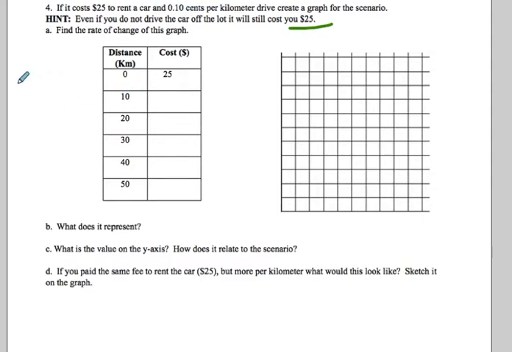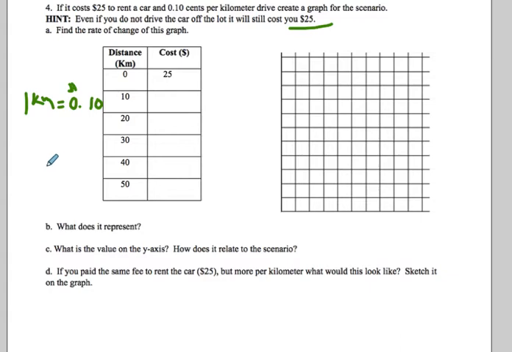So if you're thinking about going 1 kilometer, that's going to charge you 10 cents. If you went 2 kilometers, that would be 20 cents. 3 kilometers, 30 cents. 4 kilometers, 40 cents, and so on up to 90 cents.